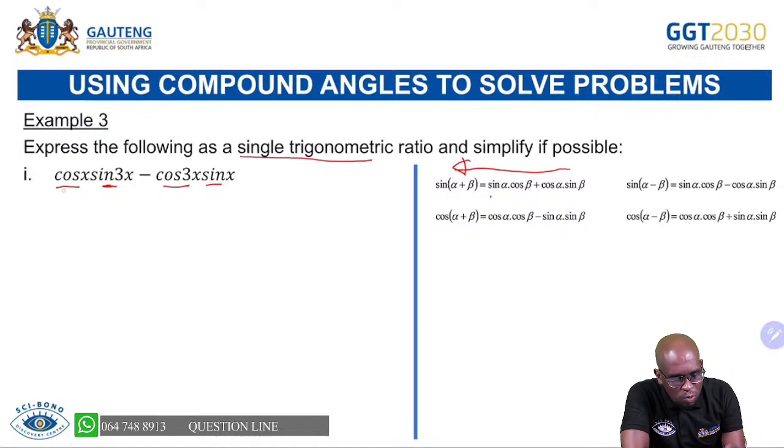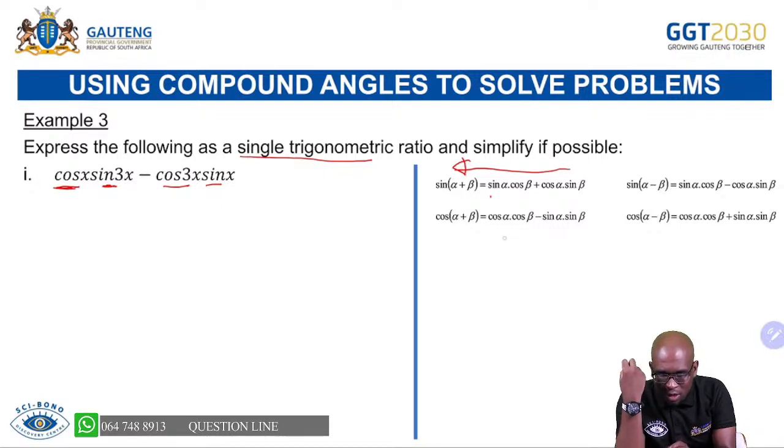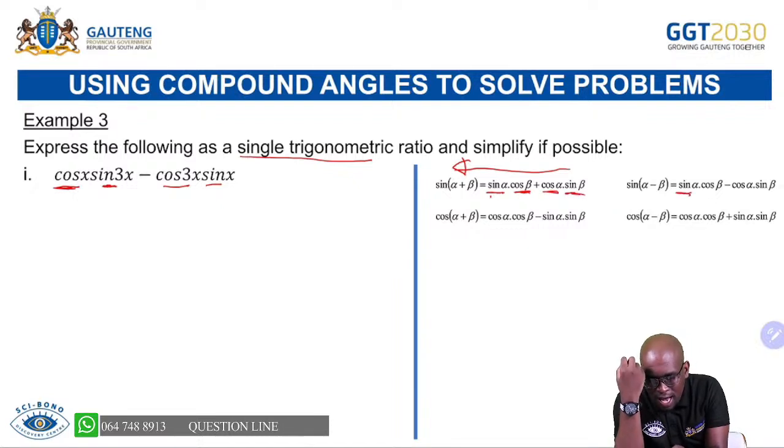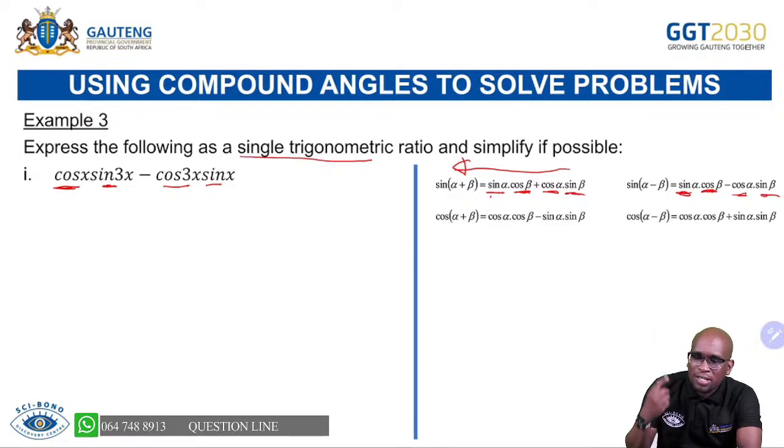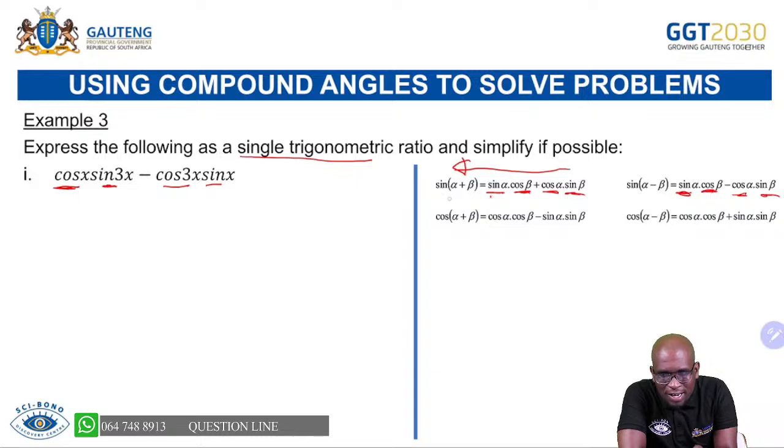Right, now let's check. We have the cos, the sine. We want them to alternate, the cos and the sine. Sine, cos, cos, sine. Sine, cos, cos, sine. So you can see that they are alternating in these two formulas, 1 and 2.